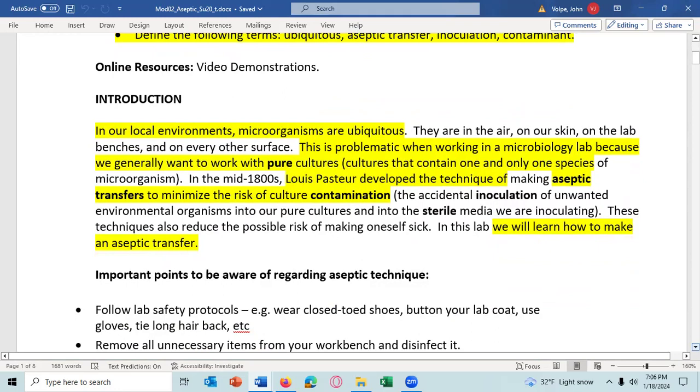The reason for working with a pure culture is, when you have a result in the tube, like the tube media turned yellow, and you want to know, did your species do that or not?